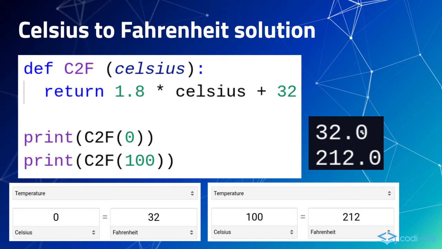One thing to note is that all of this will have the 0.0 at the end because we are working with floats. 1.8 times anything will give us a float, and this float plus an integer would give us a float. Same thing, we could test it out with an argument of 100. C2F with an argument of 100: 1.8 times 100 plus 32, 180.0 plus 32, which gives us 212.0.